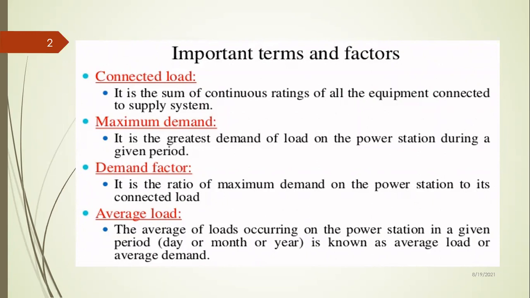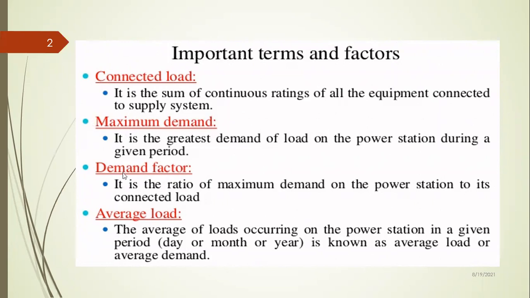That means when the maximum outlets of any particular home or colony or college are in their on position, that gives you the maximum demand, and it is always calculated for some particular duration of time, not for the whole day. For any particular duration, like 1 hour or 2 hours, that is given according to our question. So that is the maximum demand.